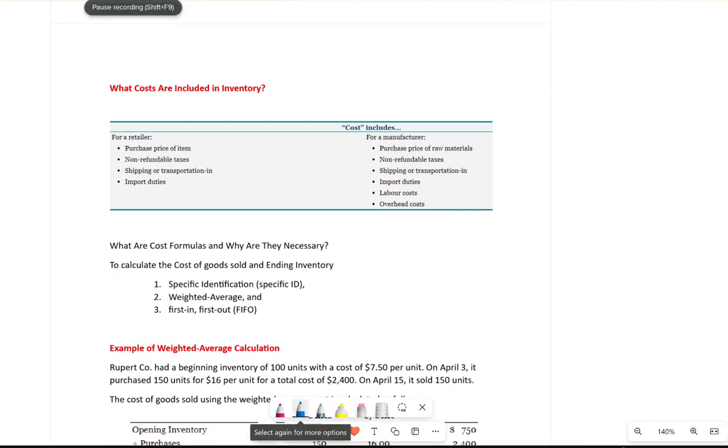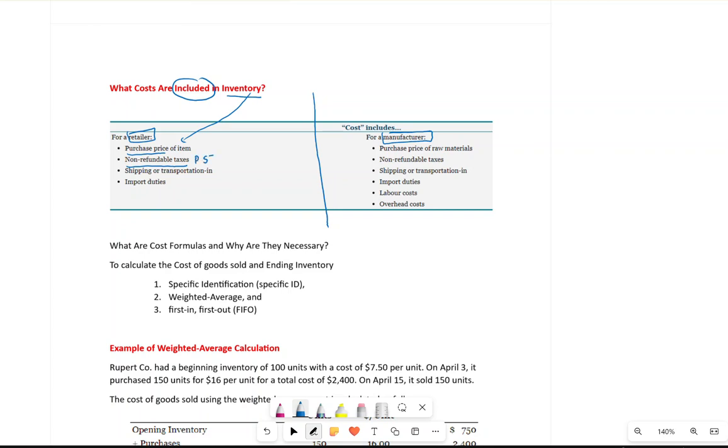Now going further, when we talk about inventory, what is included in the inventory? For a retailer company and for a manufacturer company, what is included? The purchase, of course. You purchase an item, that should be included in my inventory. Any non-refundable taxes, in this case the PST, or we call it a sales tax, is non-refundable, so that should be included in my inventory.